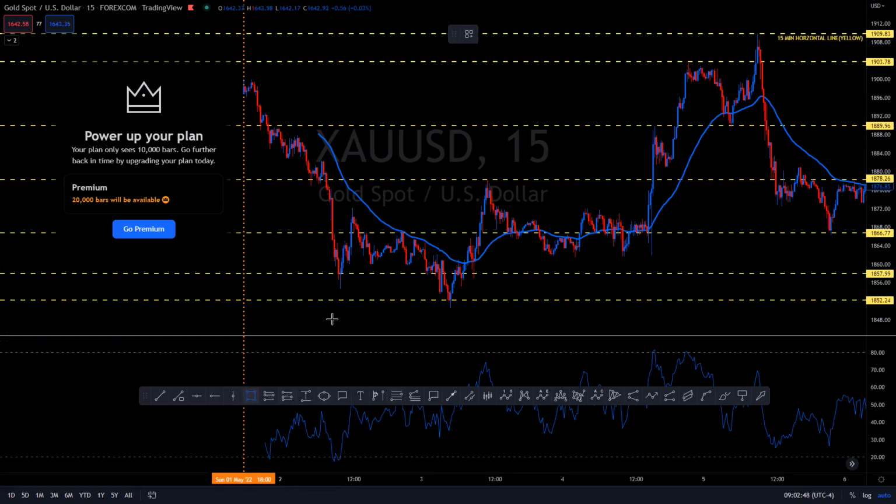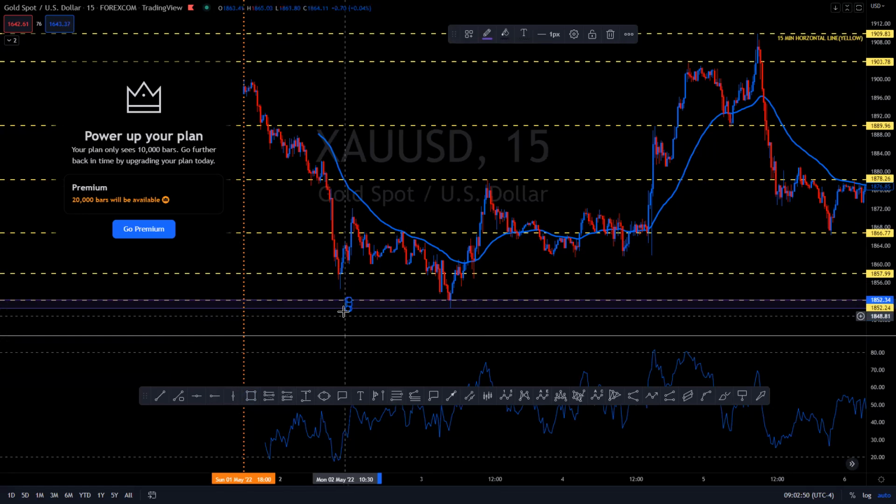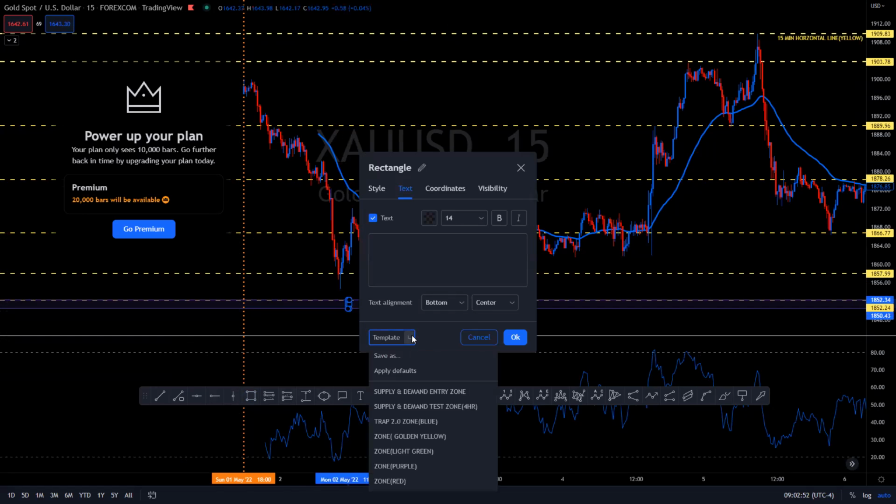So now what I'm going to do is just mark up zones in these areas, and let me change this to yellow.